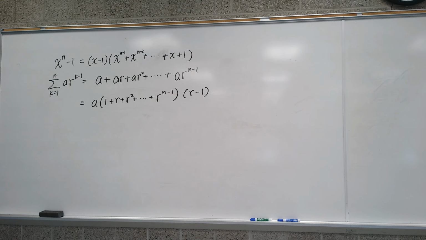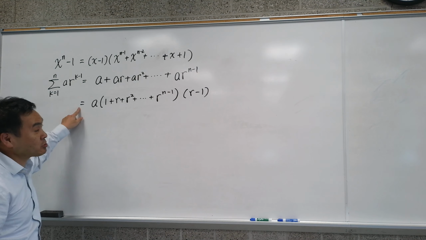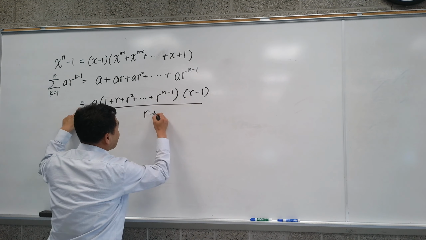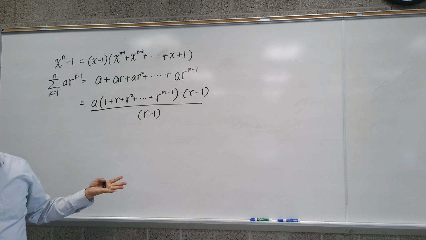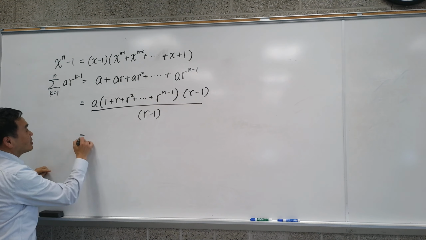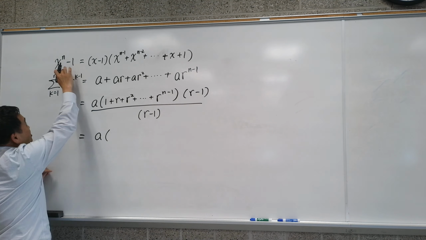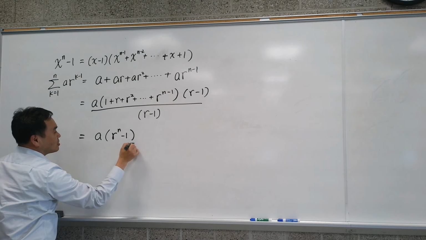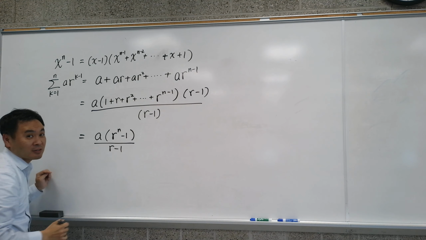Whenever you multiply something out of nowhere, what do you have to do? In order for the equality to be preserved, you have to divide by the same thing again, okay? Then there's no harm done, right? But now we can simplify the top. What is that? This formula here, right? It's the whole thing. R to the n minus 1 over r minus 1.